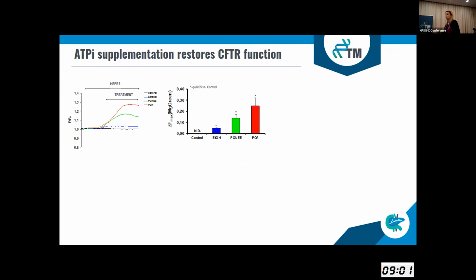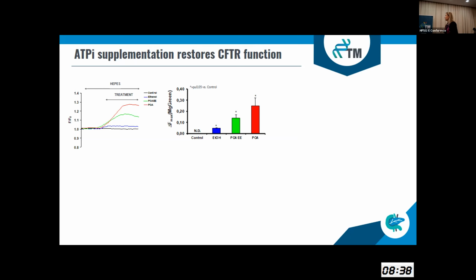ATP is a key molecule in the activation of CFTR, and we found that ethanol induced a small ATP depletion in the ductal cell, whereas the ethyl ester and even more the fatty acid significantly decreased the ATP level inside the cell.